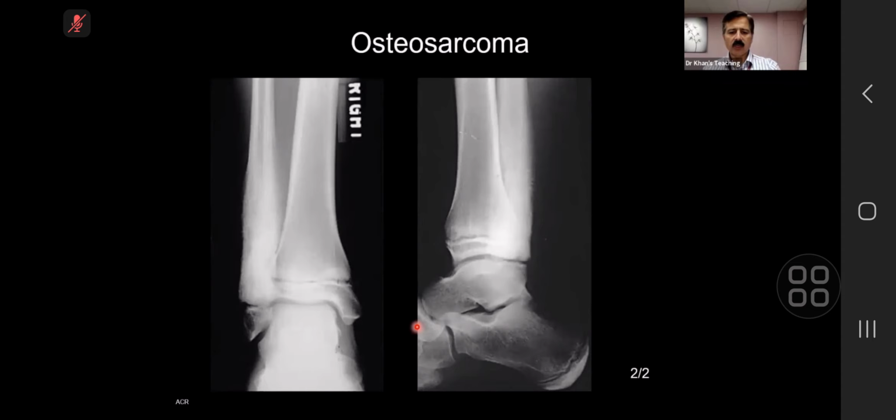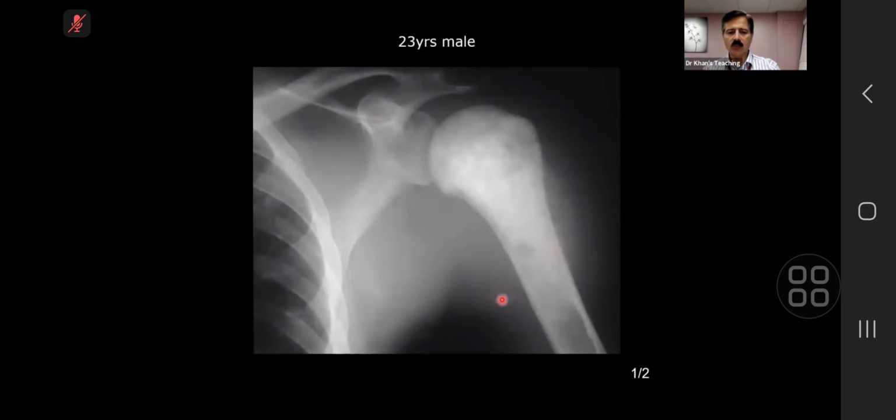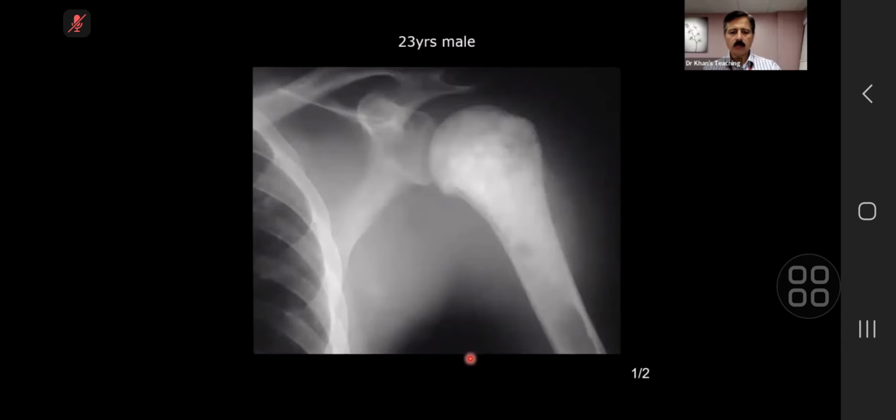Another case, sorry, this is the same case, and just to show you, on a lateral you can see this Herringbone type of periosteal reaction. Again, in the description, how will you describe this? So the lesion is centered in the left proximal humerus. It has dense, irregular osseous calcification within, consistent with an osseous matrix.